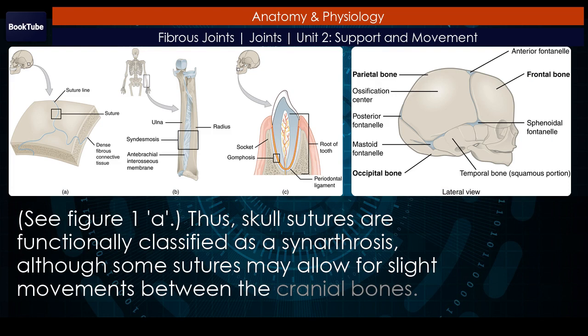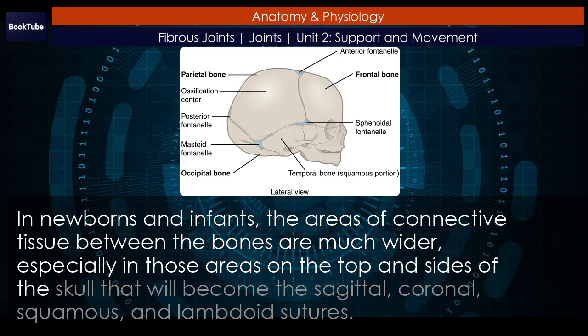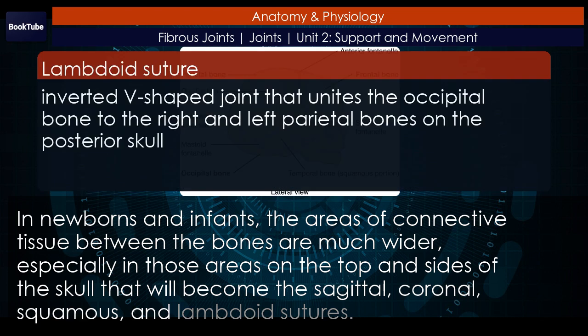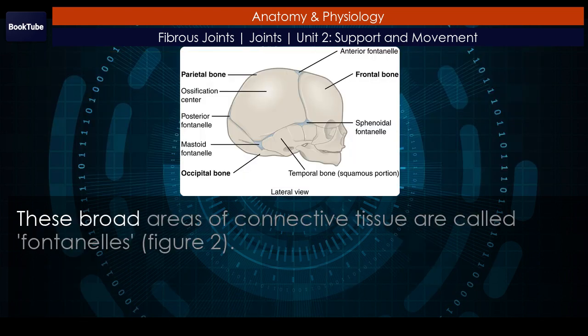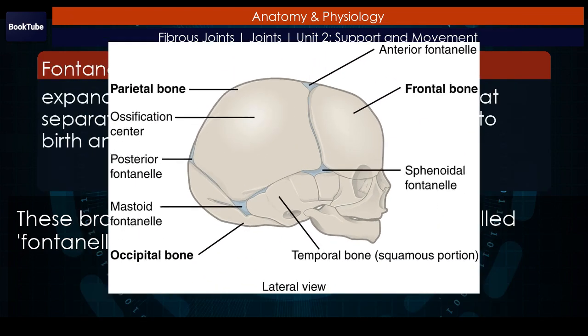between the cranial bones. In newborns and infants, the areas of connective tissue between the bones are much wider, especially in those areas on the top and sides of the skull that will become the sagittal, coronal, squamous, and lambdoid sutures. These broad areas of connective tissue are called fontanelles, Figure 2.